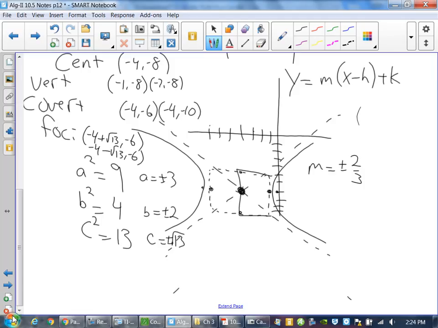Because when you have y minus y sub 1 is your slope times x minus x sub 1, if I fill in the blanks here, it's y plus 8 is 2/3 times x plus 4. So this was my k, and this is my h. So it's just slope times x minus h, plus k.